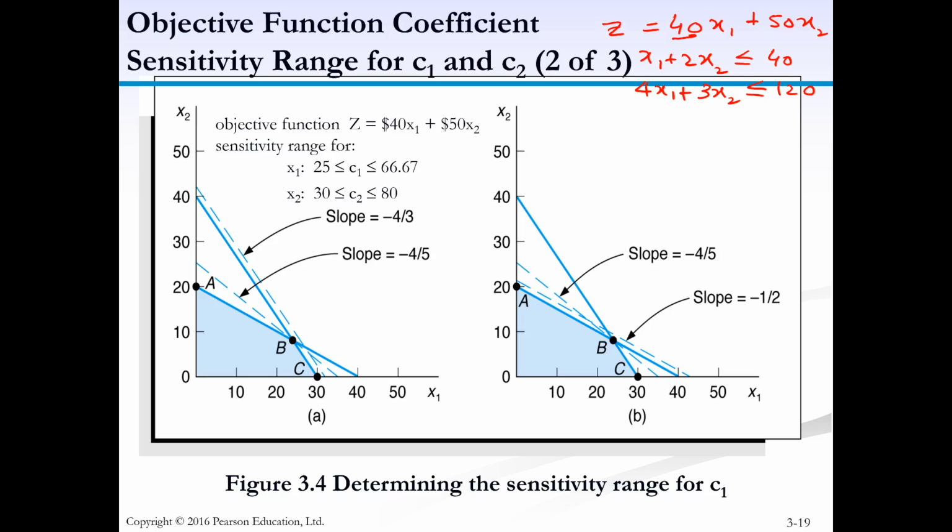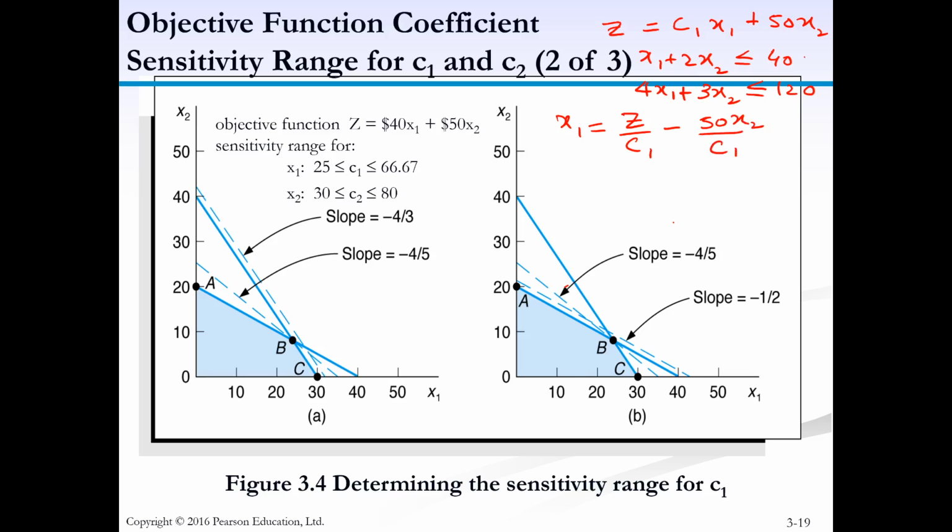So what we do is change the 40 to a value, call it c1, and find x1. x1 is equal to Z over c1 minus 50x2 over c1.